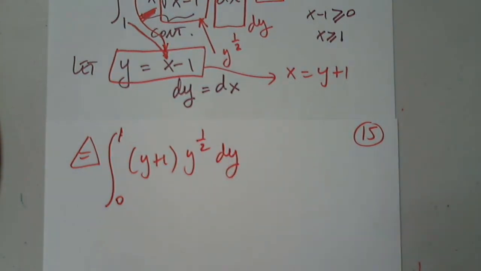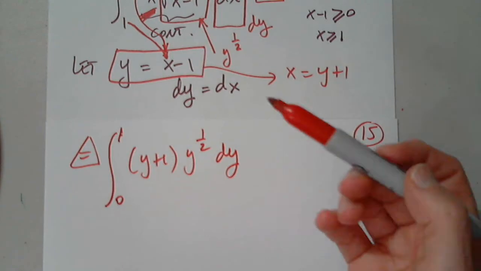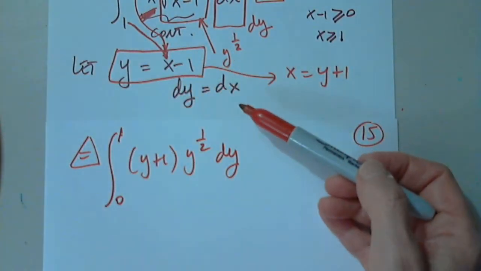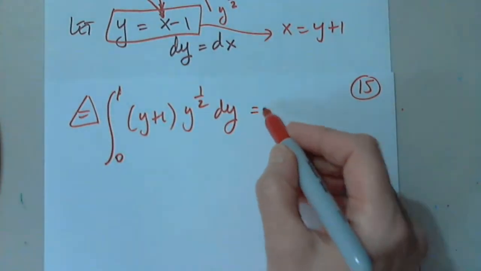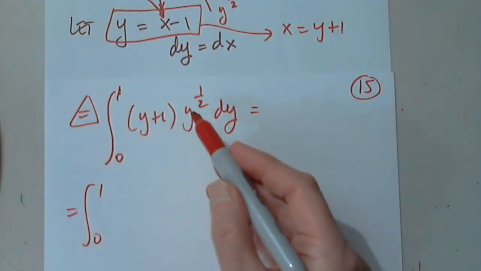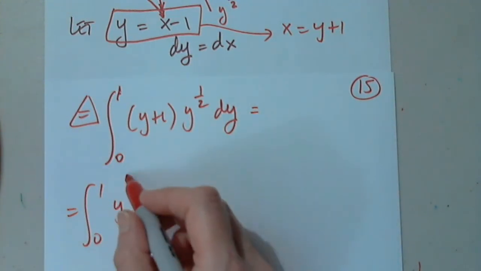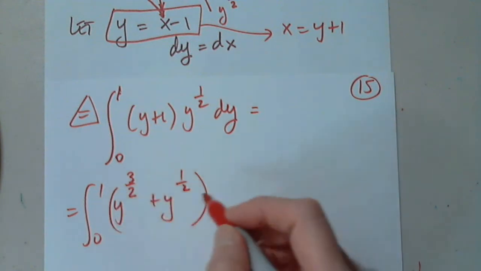We're not going back. Why? Because the answer will be a number. Who cares if I got it in terms of x or in terms of y? Nobody. The answer will be a number. How do I continue? Distributing. So y times y to 1/2 is y to 3/2 plus y to 1/2 dy.